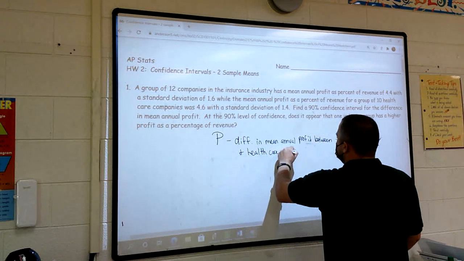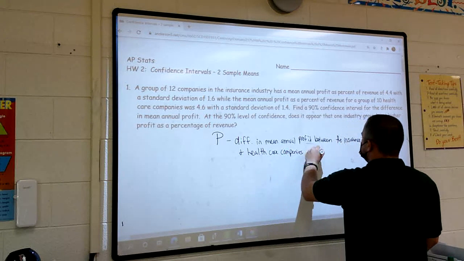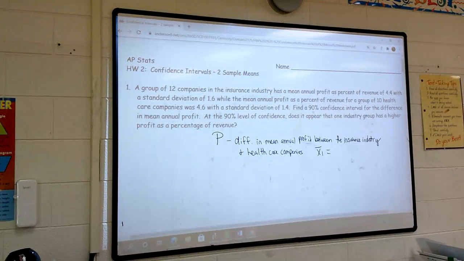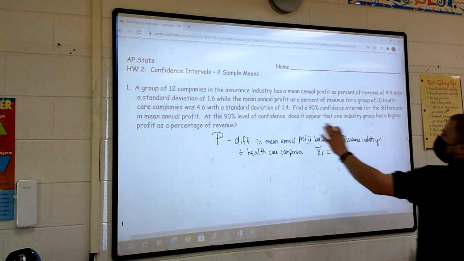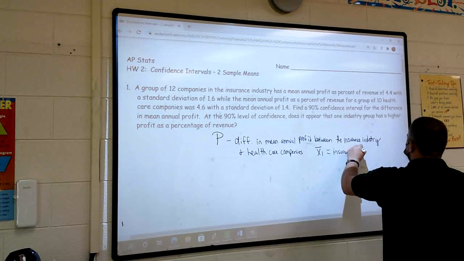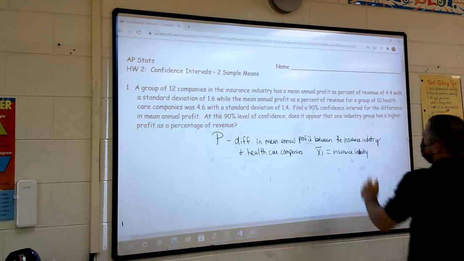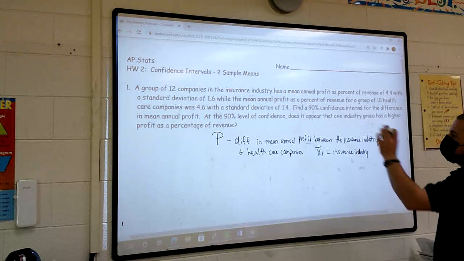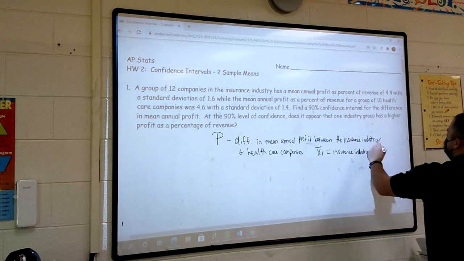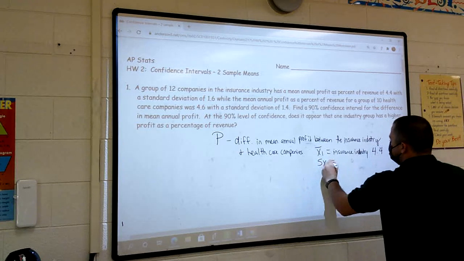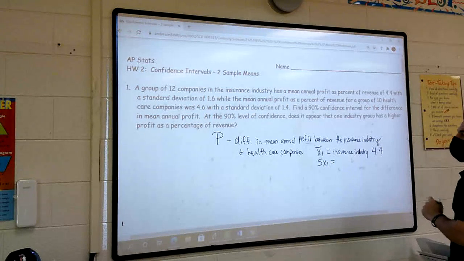Okay, and so we've got to label our two means. Mean 1, x bar 1, we'll go in order, so it would be the insurance industry. You can't just say mean 1 is this number. You need to tell them the first one is the insurance industry, and the insurance industry has a mean of 4.4 and a standard deviation, we'll call it standard deviation 1, of 1.6.